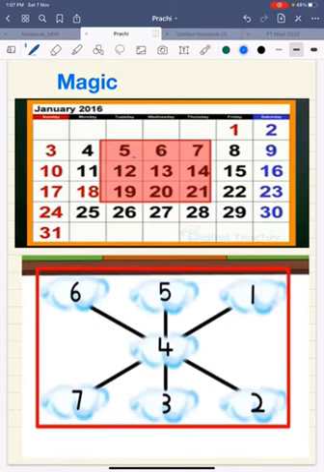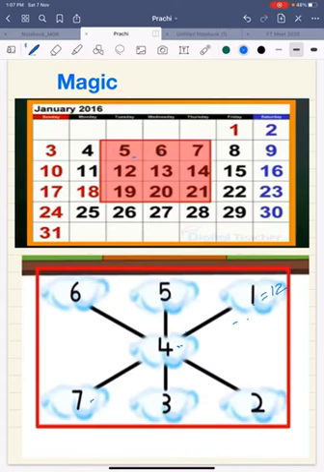Now next question. See here on the cloud, or you can say it is a magic cloud. When you add these numbers you get the same answer. Like if you add these numbers in a line, 7 plus 4 is 11 and 11 plus 1 is 12. So here we are getting 12 as the answer.